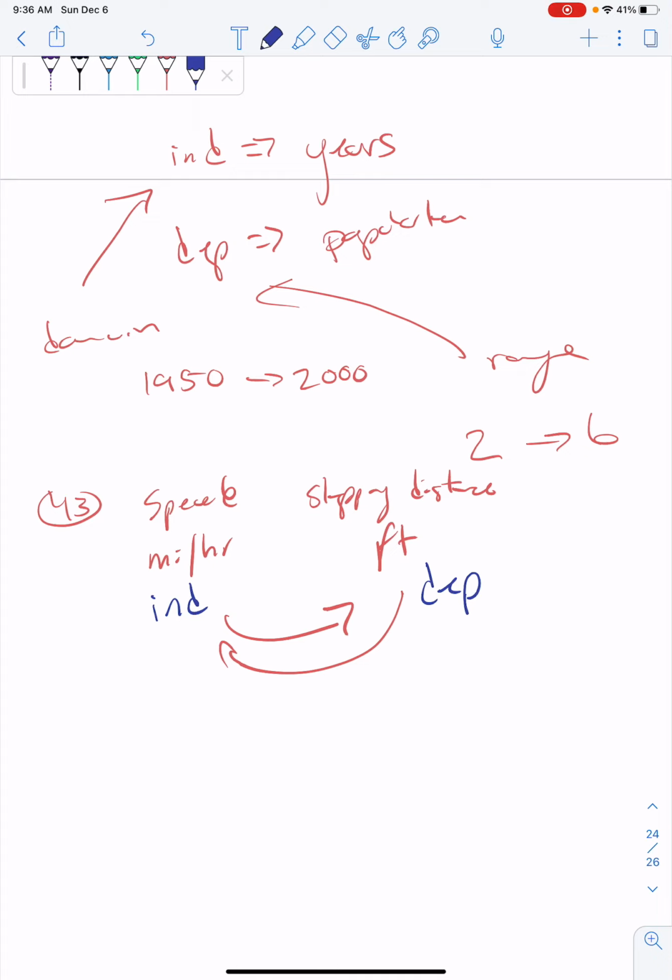Now, my domain on my list, my data, my lowest speed is 10, and it goes up to my highest speed, which is 70. And my range for my stopping distance, my lowest is 9, and it goes up to 311. And then again, you can describe that one in words on your own.